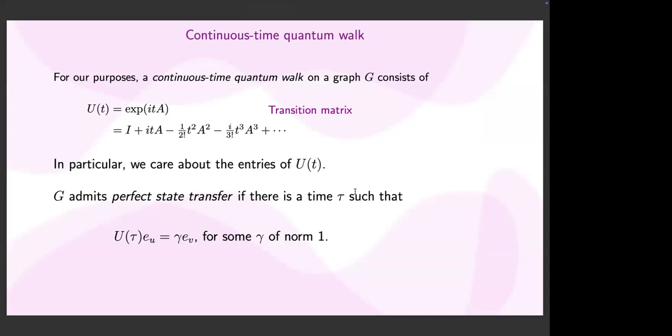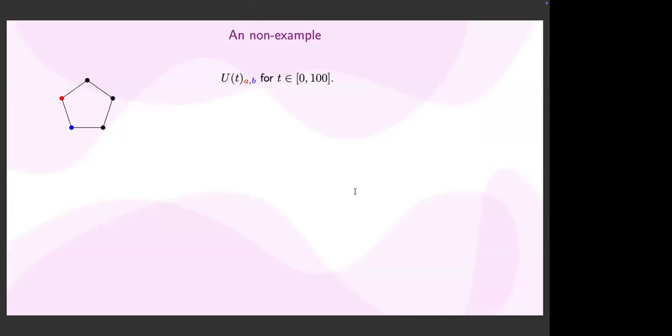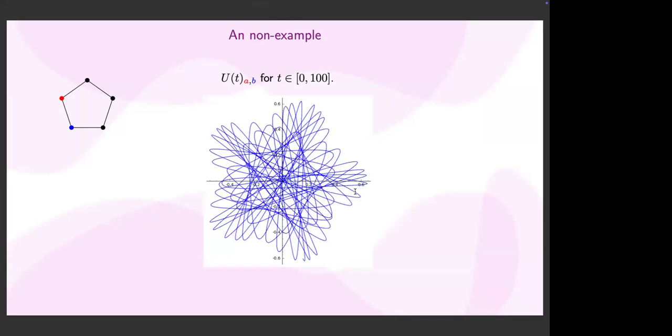Okay, all right, so let us look at a non-example for our edification. This is just a matrix, and this is the entry in the matrix. I can just plot this thing in time in the complex plane, and I can evolve this for 100 amounts of time, and it looks like this. This is C5, from the blue vertex going to the red vertex, and this is the entry of this matrix.